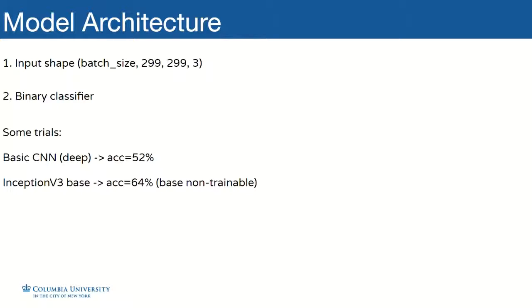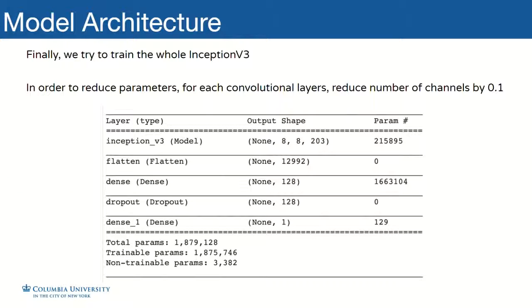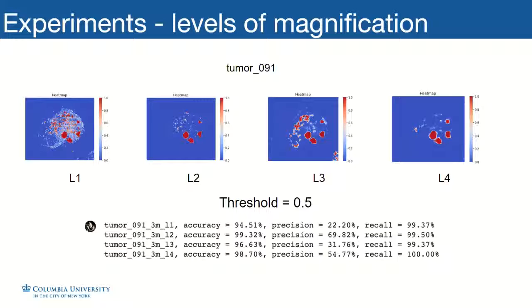So we want to make the base trainable, but in order to reduce the parameters, we reduce the number of channels by 0.1 for each convolutional layer. And we got the model below. We use this model to choose our main level of magnification, which is our main input.